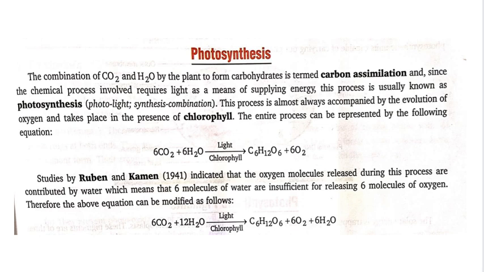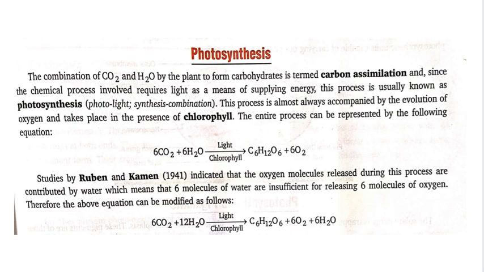Now, studies by Ruben and Kamen in 1941 indicated that oxygen molecules that are released during this process are contributed by water. So, oxygen is not coming from the CO2, it's coming from H2O, water, which means that 6 molecules of water are insufficient for releasing 6 molecules of oxygen.